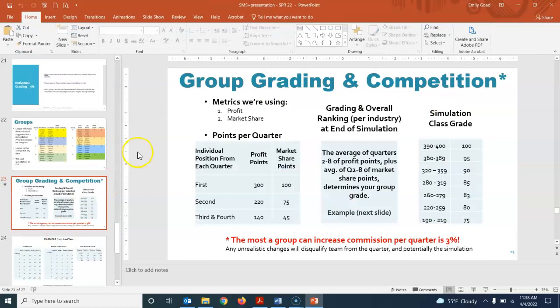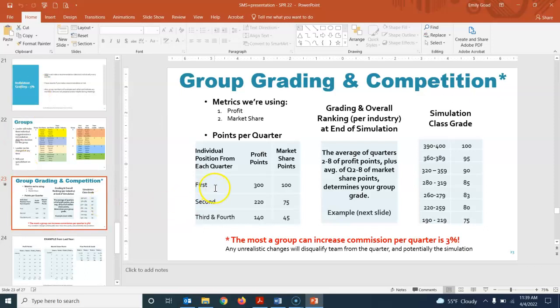So grading. Again, we're using profit and market share. I look at where you are in terms of profit and where you are in terms of market share. You could be first in profit and last in market share. That generally doesn't happen, but the first in profit's not always the first in market share.